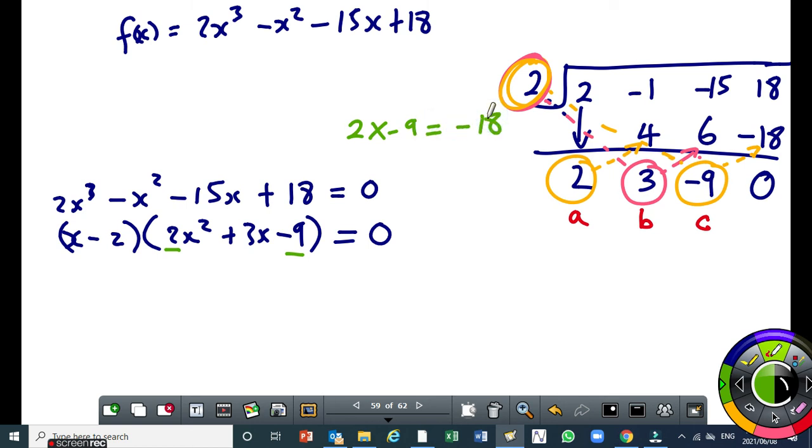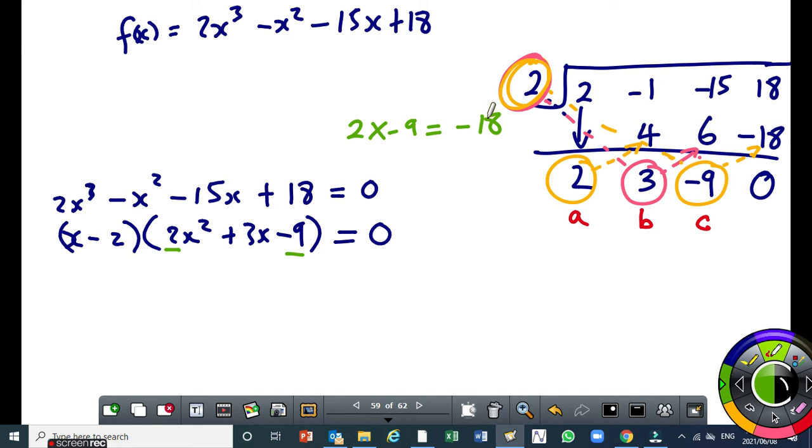Which two factors of minus 18 will give us positive 3? It's not 6 and 3. It's positive 6 and negative 3. If you say 6 and 3, there's a difference from saying 6 and minus 3. You are in matric now, I expect you to say it the right way.